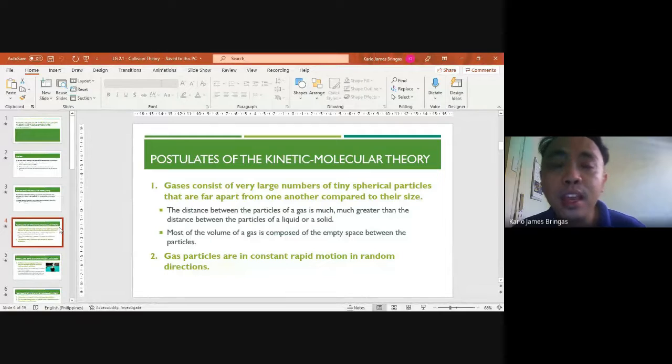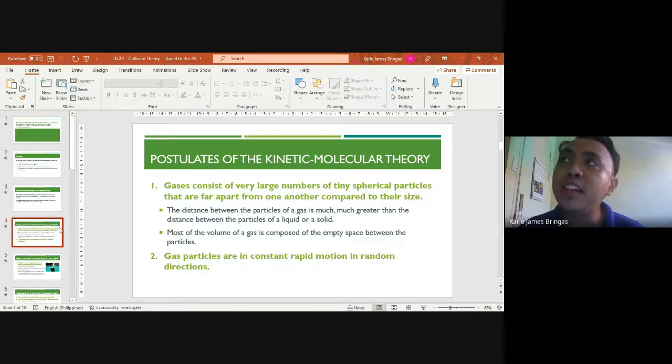Our KMT is underpinned by five particular assumptions or postulates. These assumptions are as follows. First, according to the KMT, gases are made up of very large numbers of tiny spherical particles that are very far apart from one another as compared to their size.